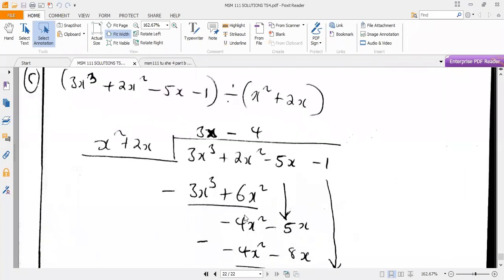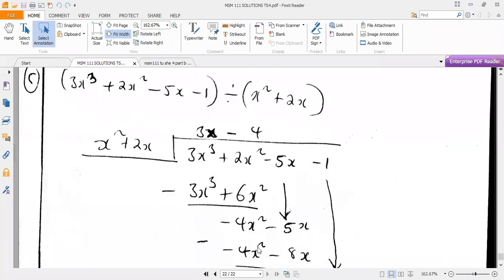So now we can divide again by this guy. x squared into negative 4x squared, we're having negative 4, which is up here. Negative 4 times x squared is negative 4x squared, which is down here.